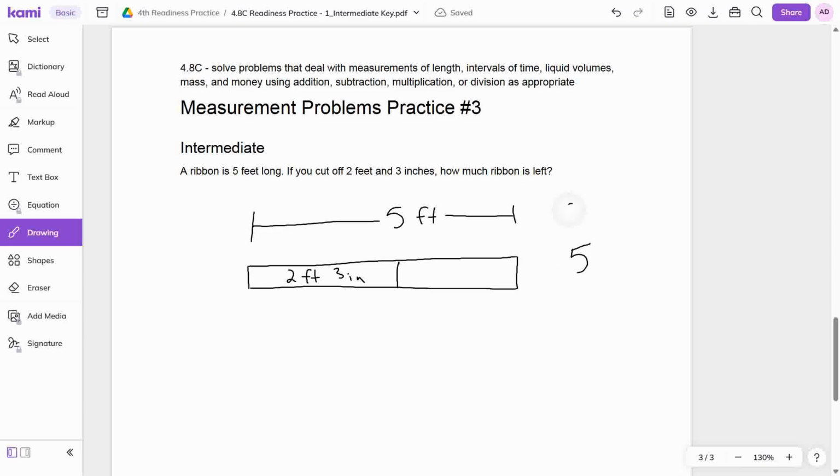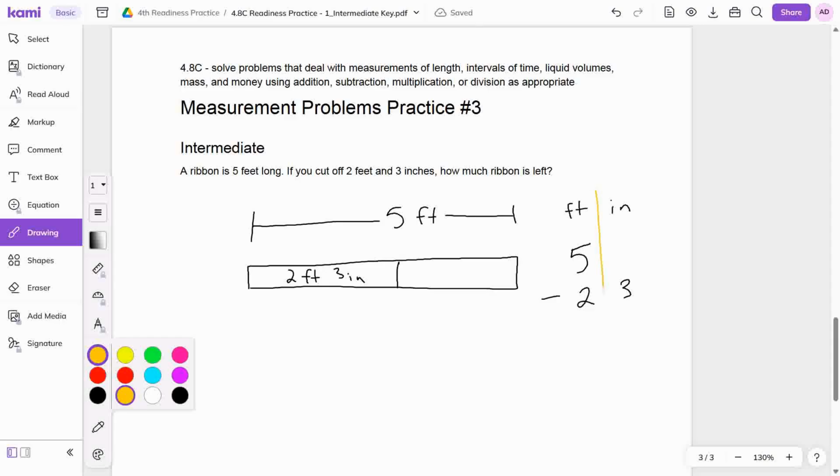So if this is my feet, this is my inches, almost think of it like a mixed number with a fraction, okay? So I've got 5 feet 0 inches minus 2 feet 3 inches. I'm going to draw a line to kind of separate these two here. Now, here's the thing.